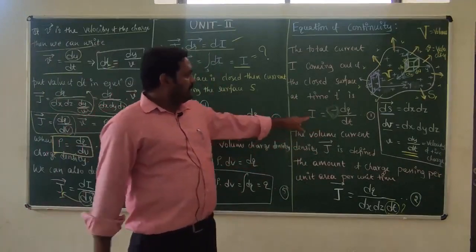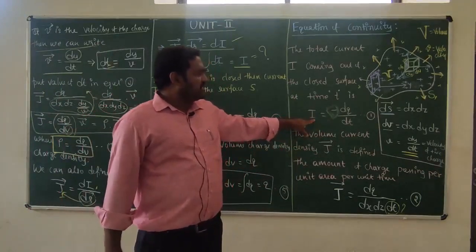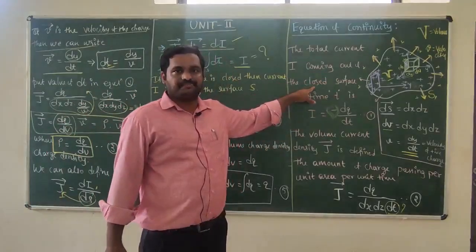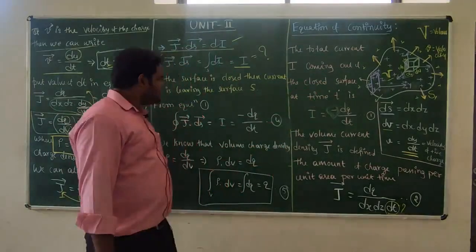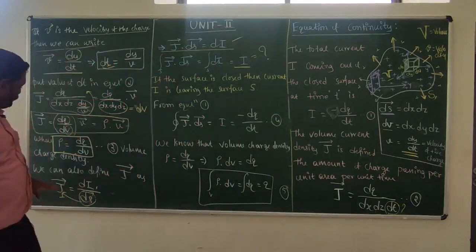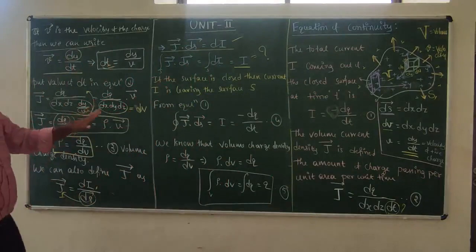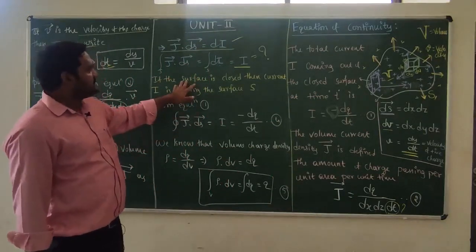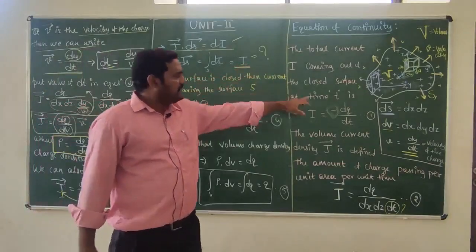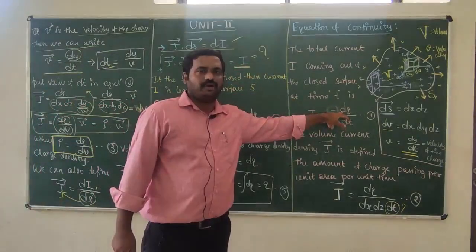In equation 1 we have a condition that the surface is closed, whereas here we don't have any information on whether the surface is closed or not. If the surface is closed, then we can take the I value from equation 1.